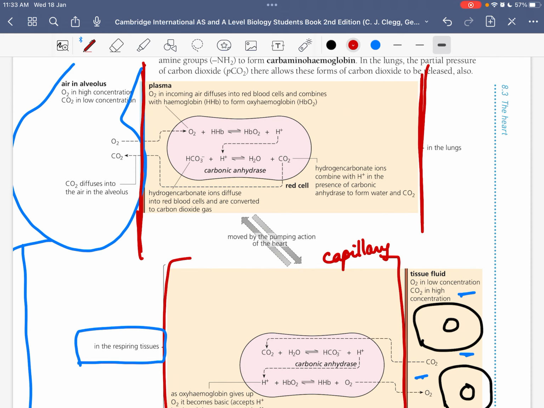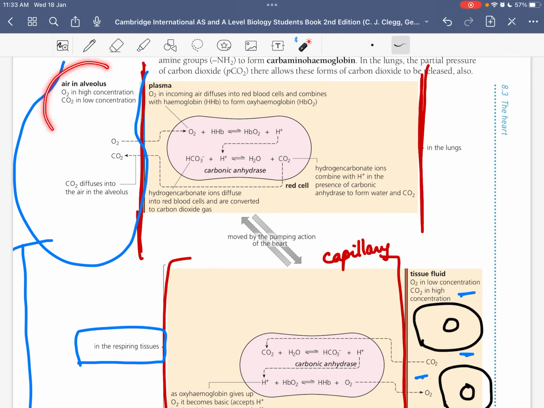Let's have a look. Now we know that when we are inside the alveolus, the air in the alveolus has a higher oxygen concentration and a low carbon dioxide concentration, and we want this oxygen to move from the alveolus into the alveolar capillary.